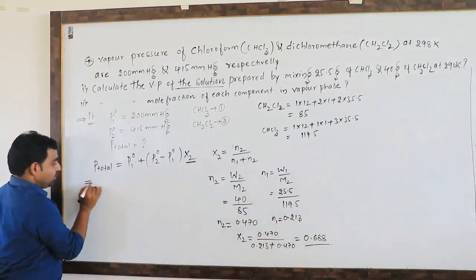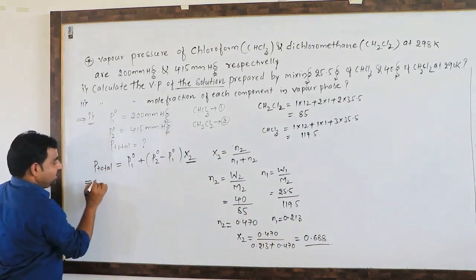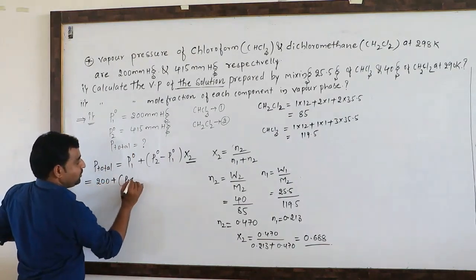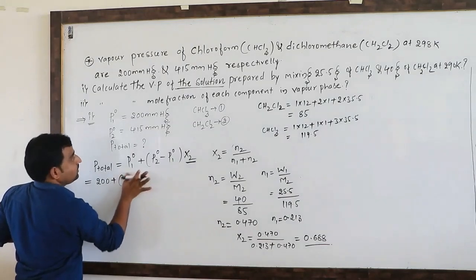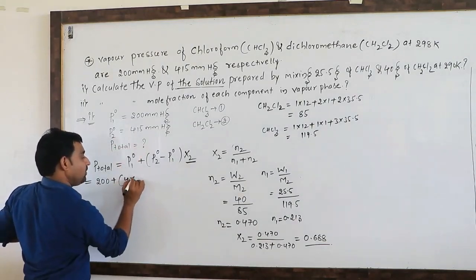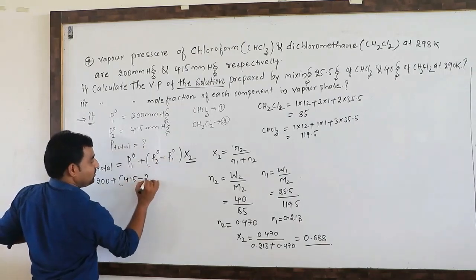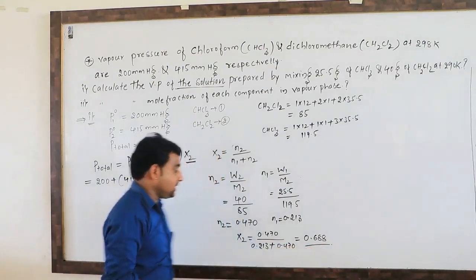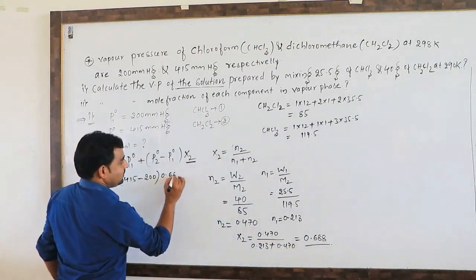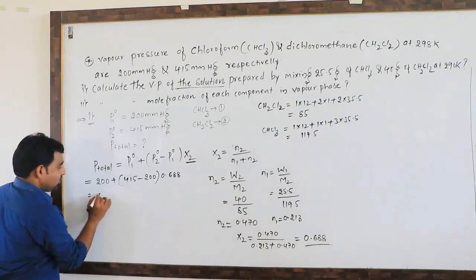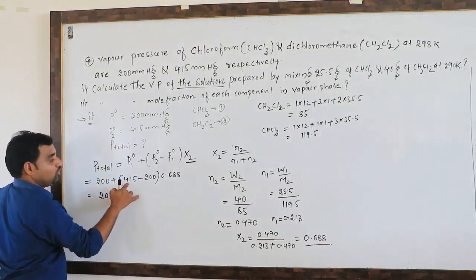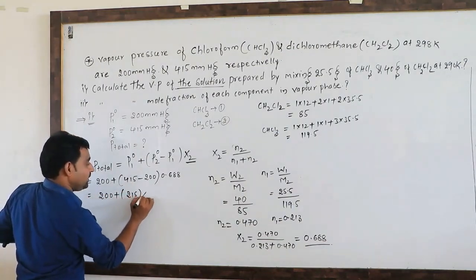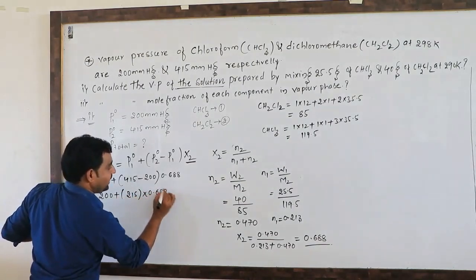P1 naught we already know is 200, plus P2 naught, which they gave as 415, minus P1 naught 200, into the X2 value already calculated, 0.688. Now it is 200 plus 415 minus 200, that is 215, into 0.688.